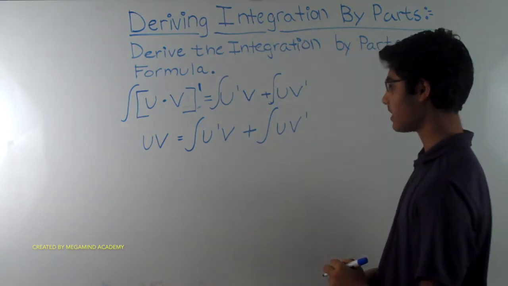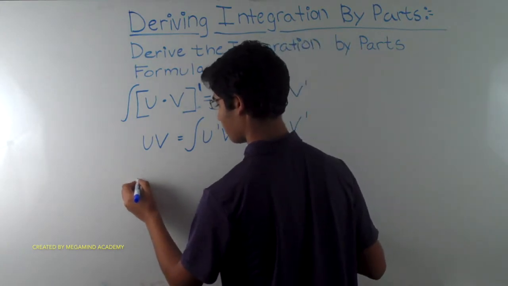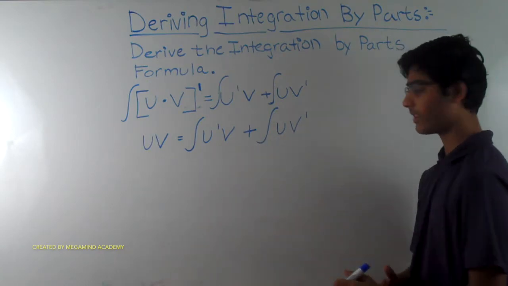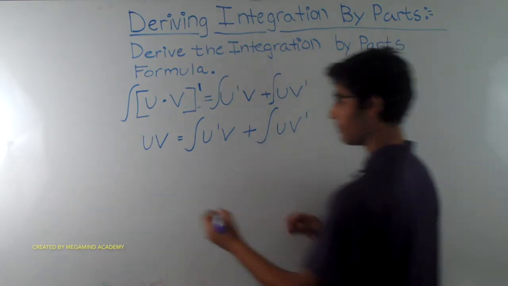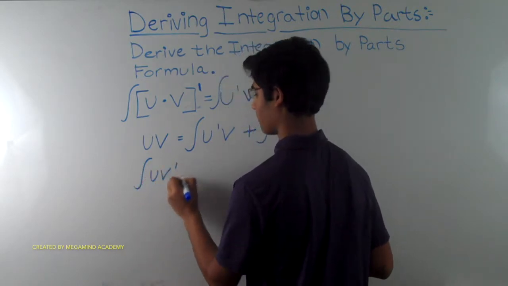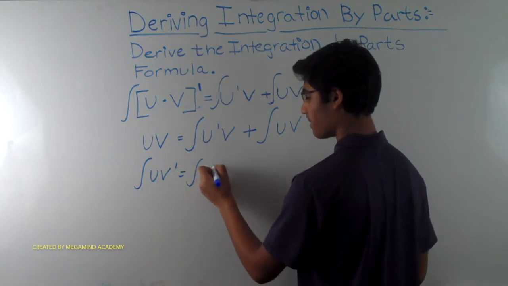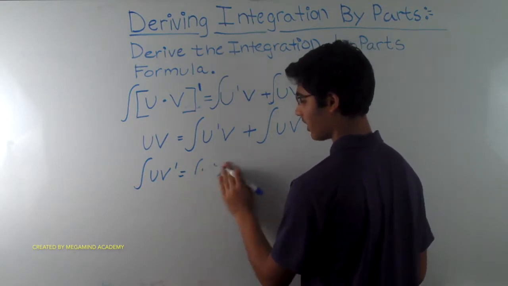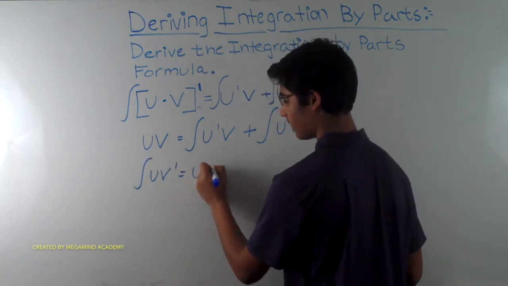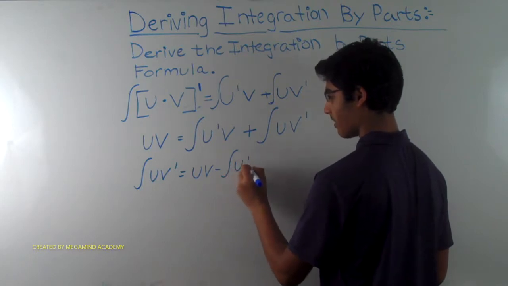So now we could say that this integral, the integral of u times v prime, is equal to, sorry, not this integral, is equal to this part, u times v, minus this integral, u prime v.